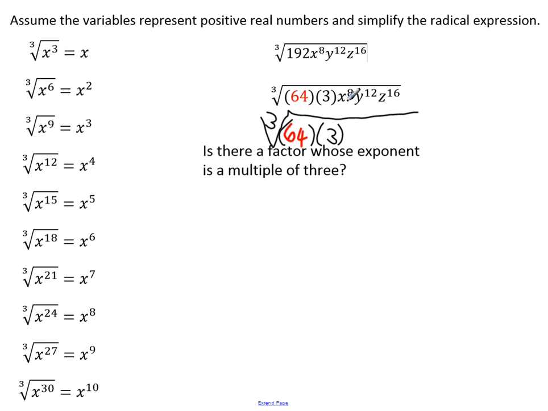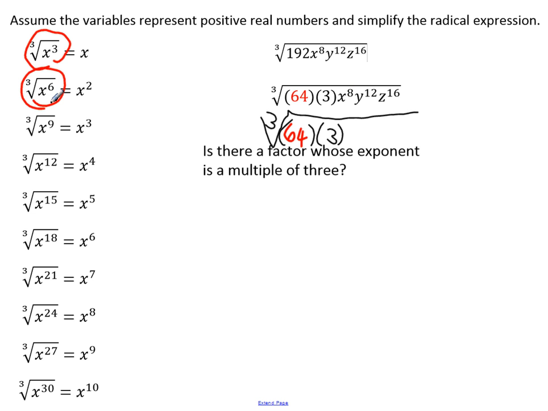With the x, I'm looking for a factor of x to the 8th that's on this list over here, where the exponent is a multiple of 3. I know that if I take x to the 6th as one of my factors, both x to the third and x to the 6th can be multiplied to give me x to the 8th.